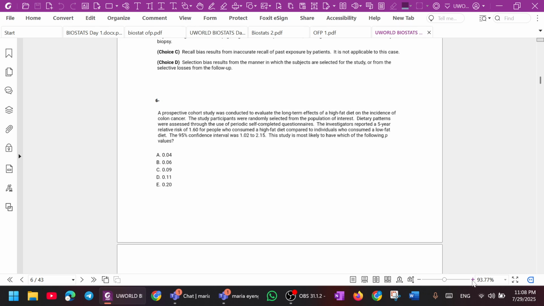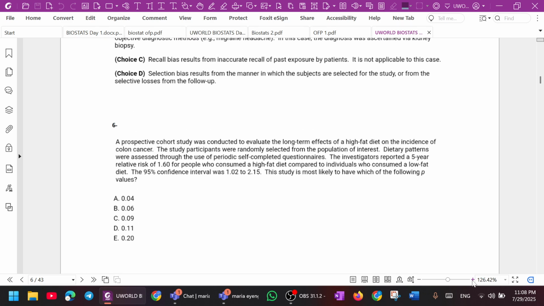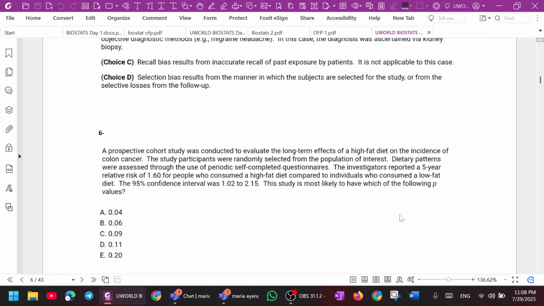A prospective cohort study was conducted to evaluate the long-term effect of a high-fat diet on the incidence of colon cancer. The study participants were randomly selected from the population of interest.